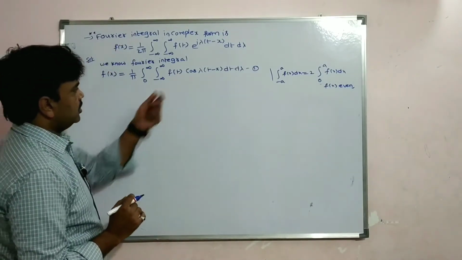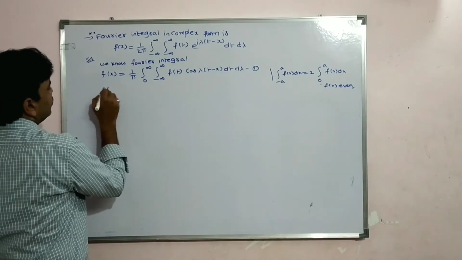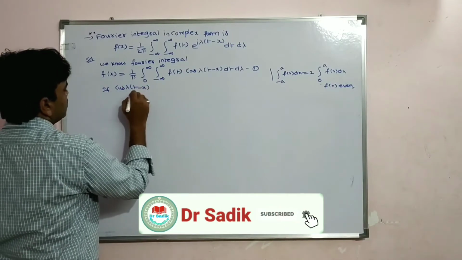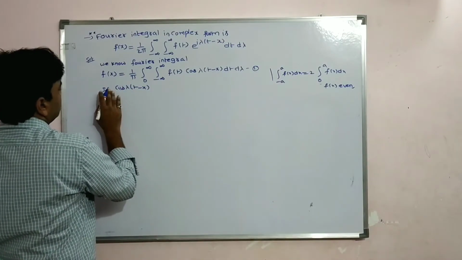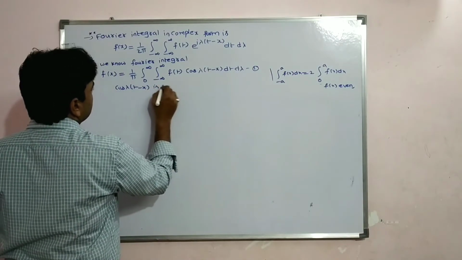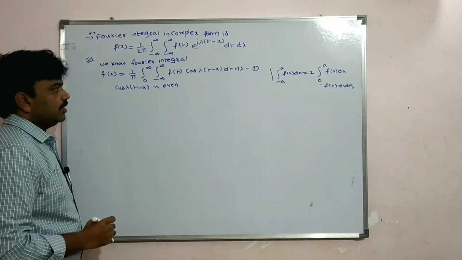Cos x is also even, so cos lambda (t minus x) is even.